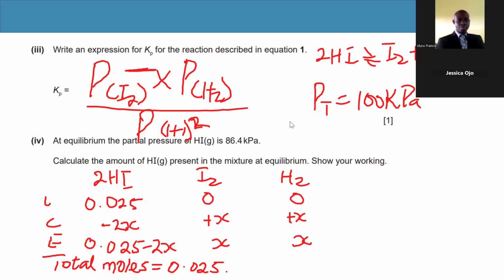I think there's a problem maybe. To get partial pressure, you multiply mole fraction by the total pressure, right?